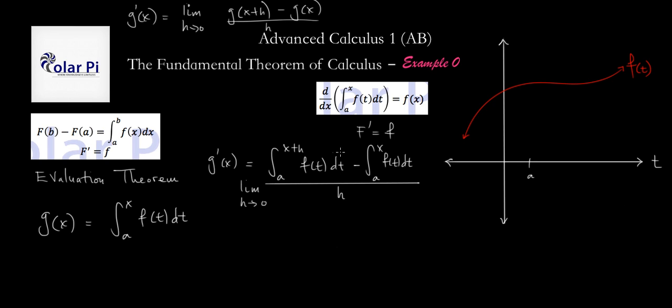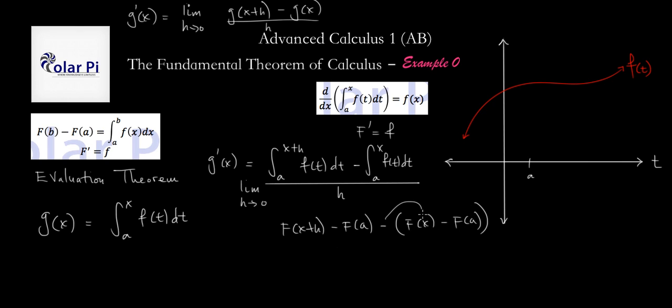So there. So again, if we look at this numerator here, notice that by the evaluation theorem, this part here is going to just be F of x plus h minus F of a. And then we have minus this part here, which we've already dealt with by the evaluation theorem, which is F of x minus F of a.